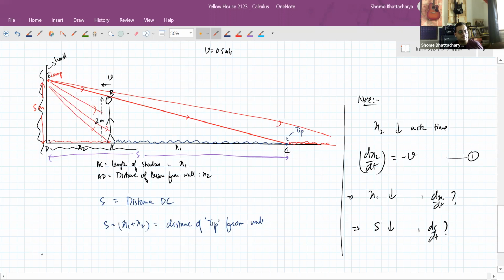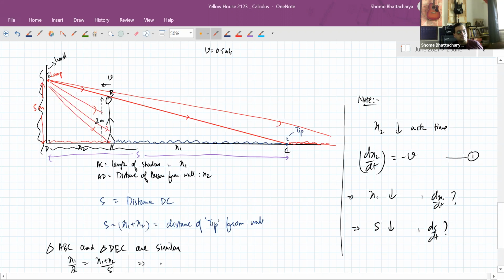If we look in the above diagram, triangles ABC and DEC are similar right angle triangles. So base upon perpendicular should be equal to base upon perpendicular.